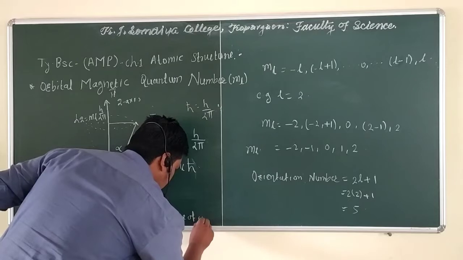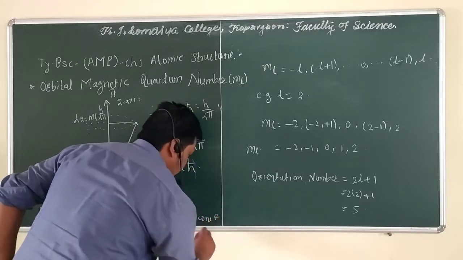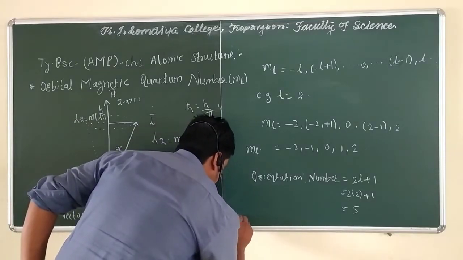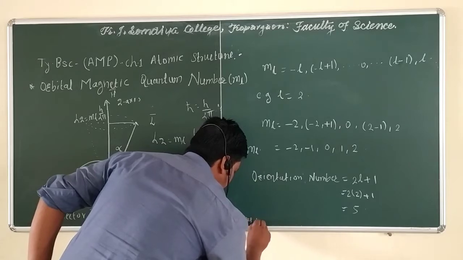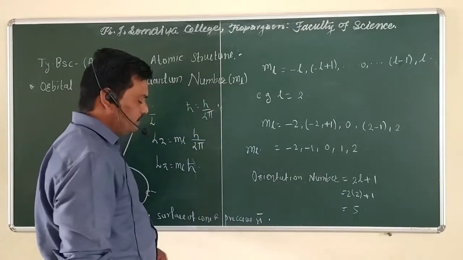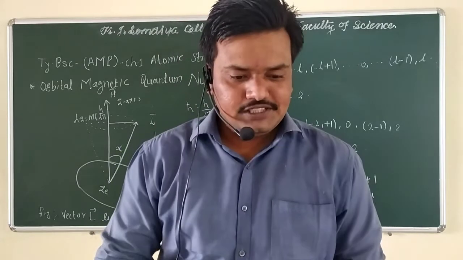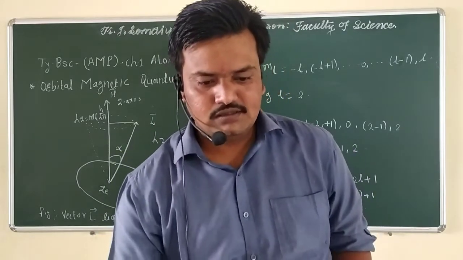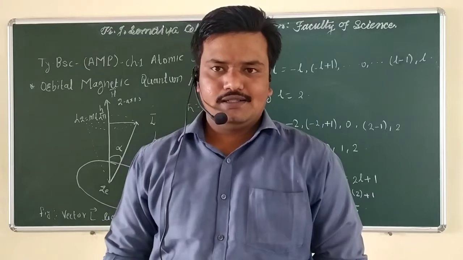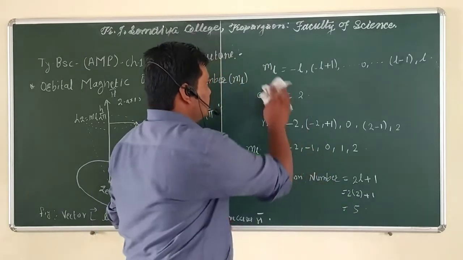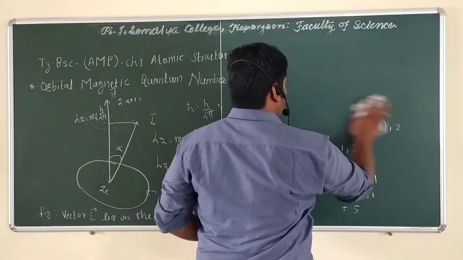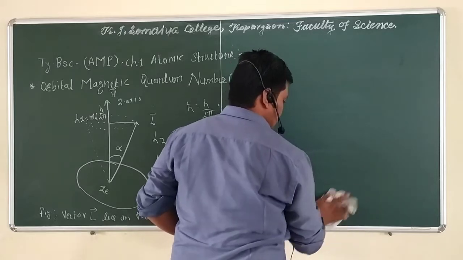Okay, so this shows that for a given L, the orientation number is 2L plus 1.